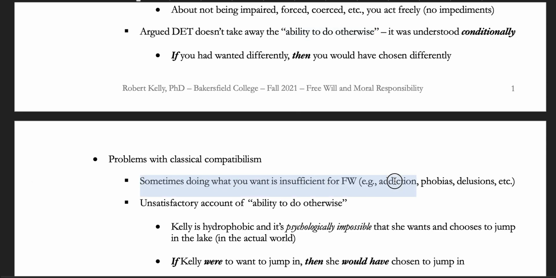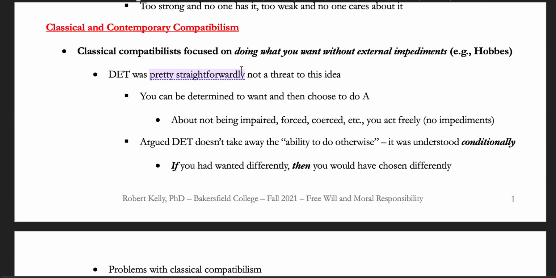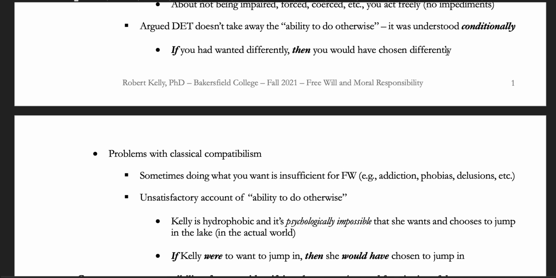You still want that thing. And so the point is, sometimes just doing what you want is not enough for free will and responsibility. Right? And this view says that it is. Free will and responsibility is just doing what you want without external impediments. So that's a problem. It includes too much, basically, is the worry here. It's going to tell us that all these people are free and responsible when they act on their desires. And that seems like the wrong result.